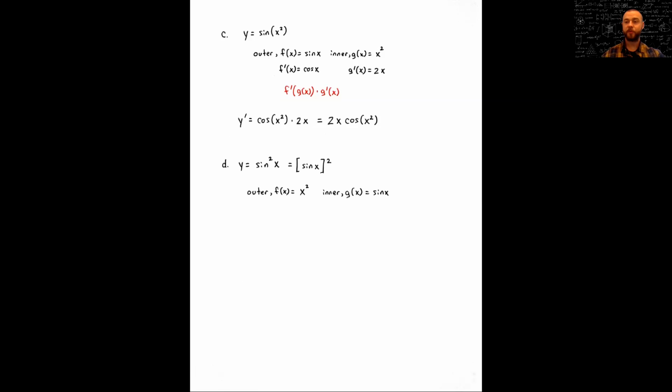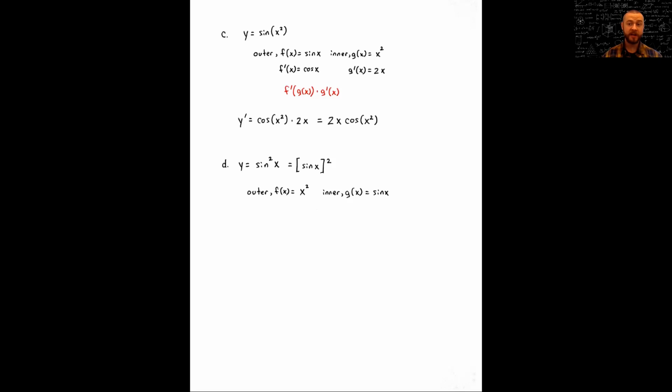Part D is probably only more complicated due to being unfamiliar with the notation for powers of trig functions. So make sure you're comfortable rewriting sine squared of x as sine of x, that quantity squared. Now it'll make it very easy to identify the outer and inner functions, which individually are the same functions from part C. It's just your outer and inner functions are switched.